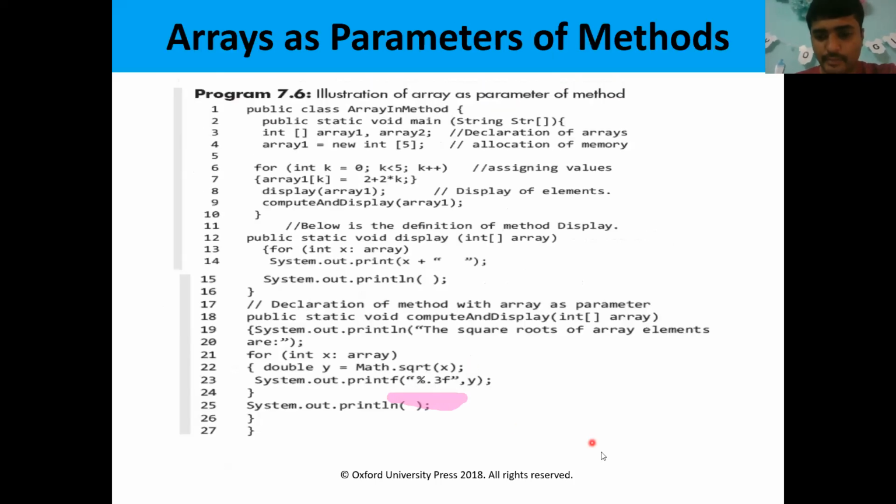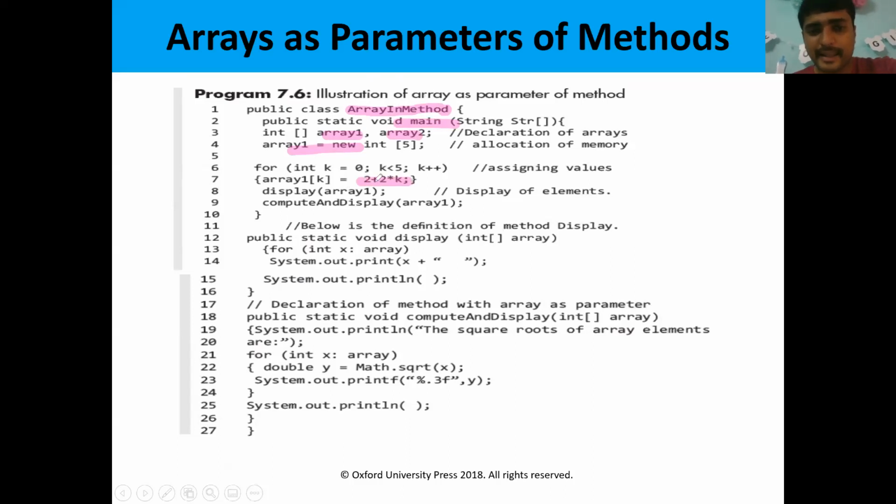So let us see one program. The class name is ArrayInMethod, and this is the main class. He is declaring two arrays, array 1 and array 2. Array 1 is declared with the new operator and the values are assigned as 2 plus 2 into k.